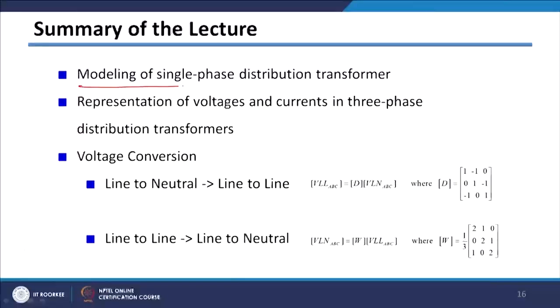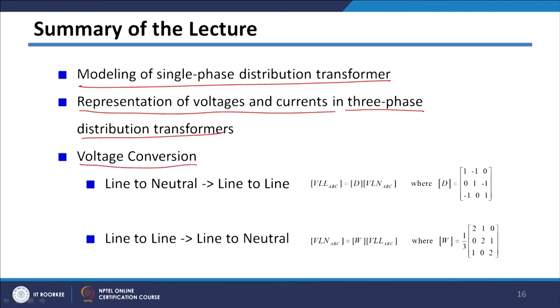So, in summary of today's lecture, we have seen modeling of a single phase distribution transformer. Then we have seen how we represent voltages and currents during modeling of 3-phase distribution transformers, and for that we need various conversions. Two conversions in case of voltage we have seen, that is line to neutral voltages to line to line voltages, and line to line voltages to line to neutral voltages.